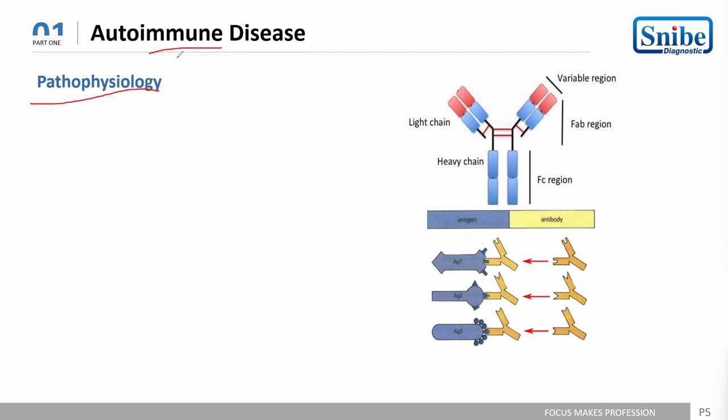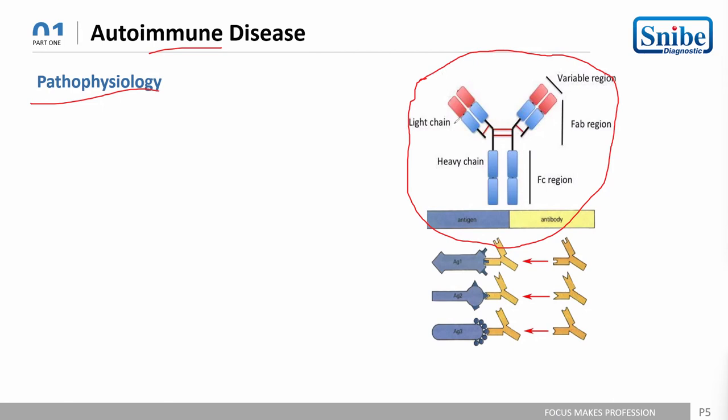The immune system triggers WBCs, and they start their defense mechanism. Along with that, the T cells and B cells are triggered, and the immune system produces immunoglobulins, which are globulin proteins in nature. That's why I call them immunoglobulins.